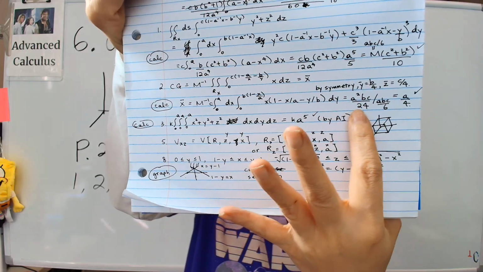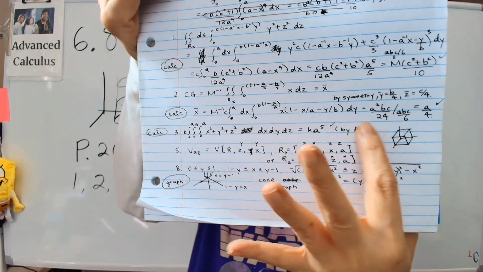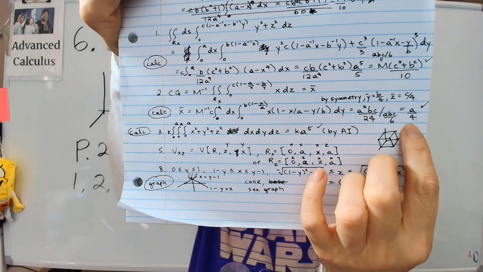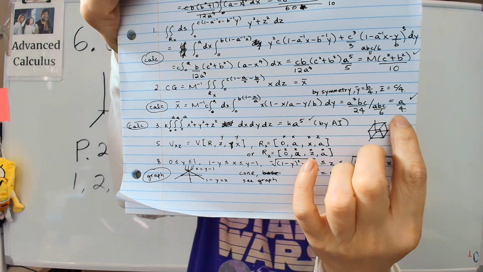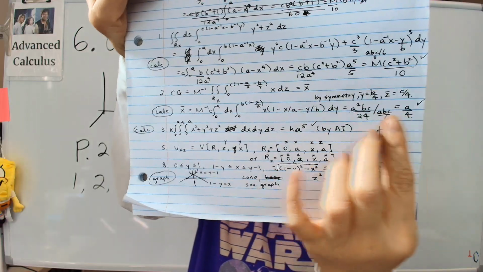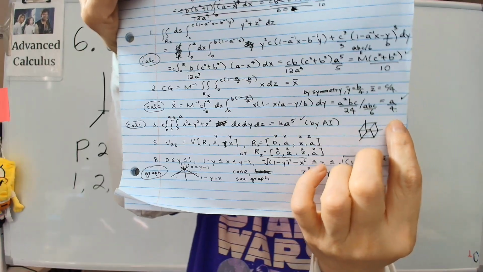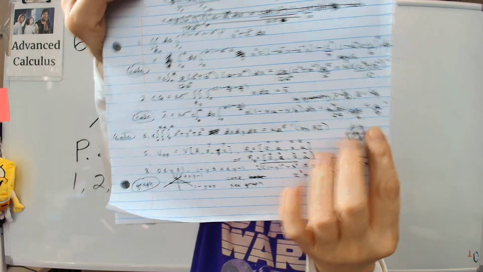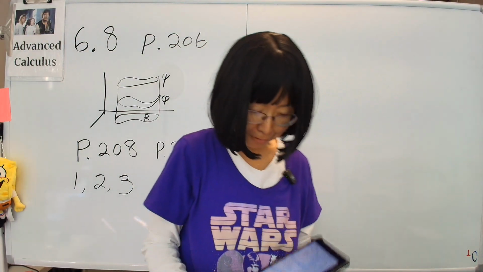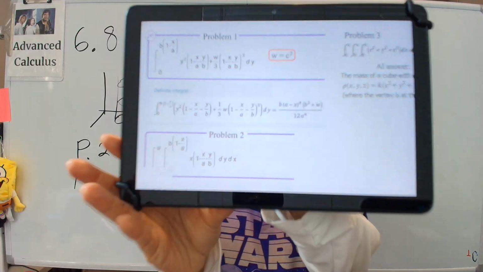And then do the integration. And I quickly came up with the answer x bar equal to a over 4. And by symmetry, then y bar will be b over 4 and z bar will be c over 4, and that does check out with the answer in the back of the book. And the way I did my integration so quickly is the same secret.